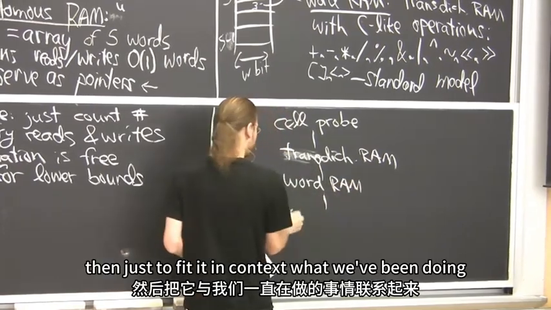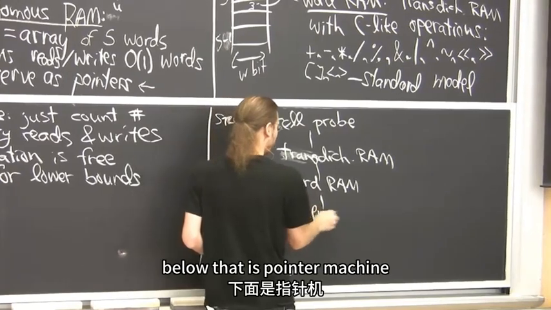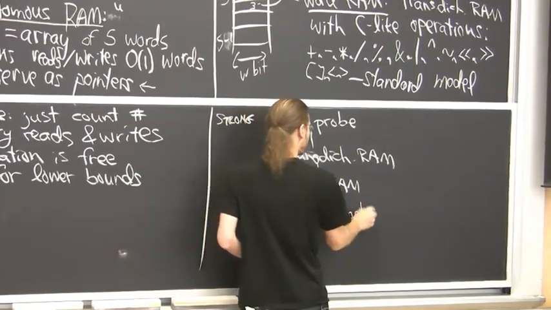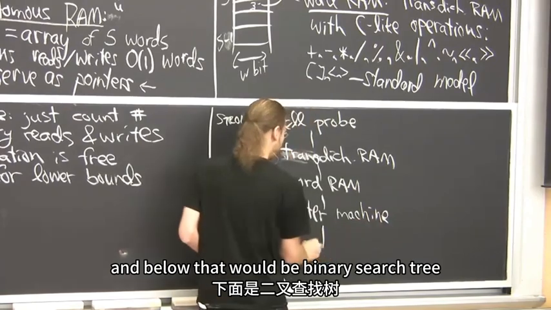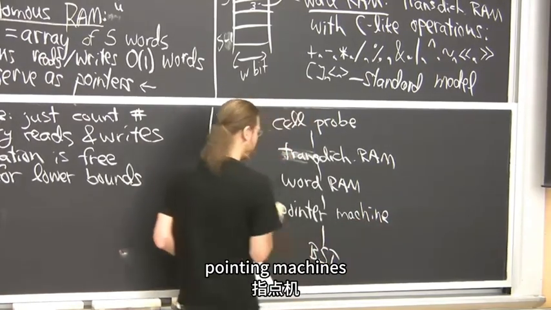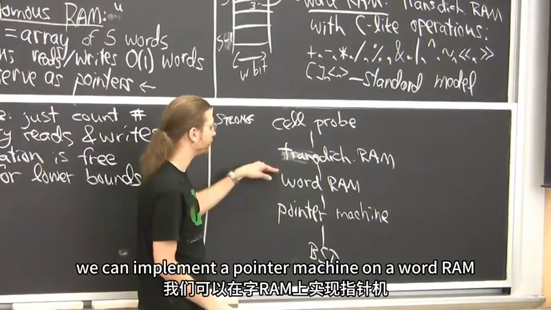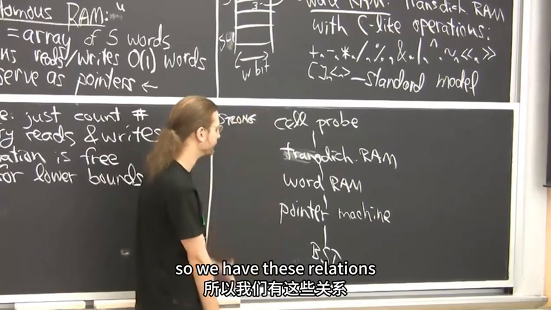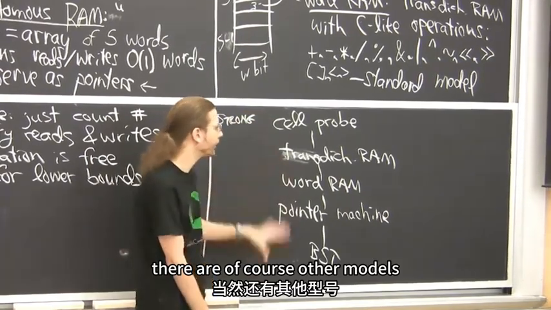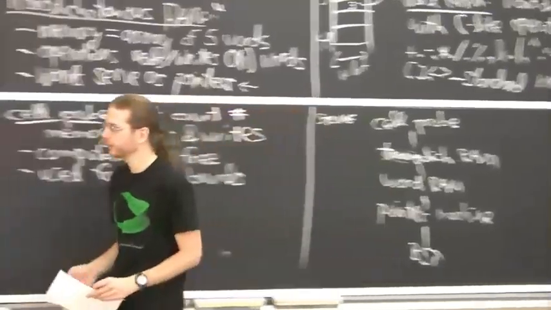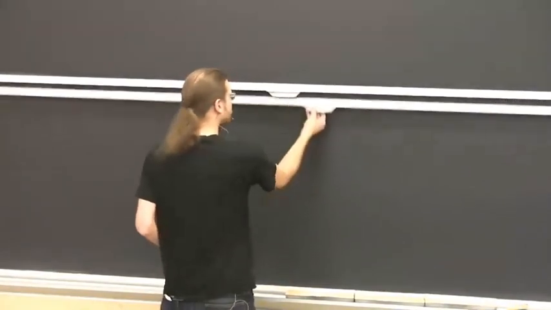Then just to fit it in context what we've been doing, below that is pointer machine. And below that would be binary search tree. Mentioned before, pointer machine is more powerful than binary search tree. And of course, we can implement a pointer machine on a word RAM. So we have these relations. There are, of course, other models, but this is a quick picture of models we've seen so far.